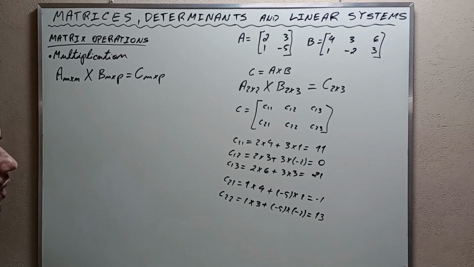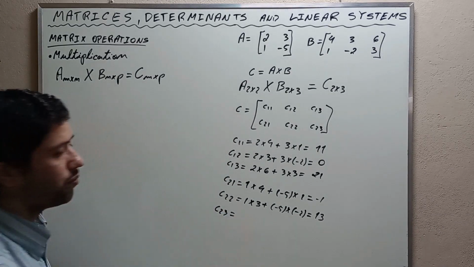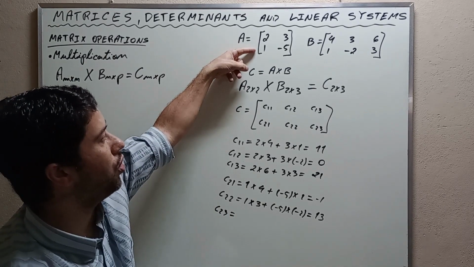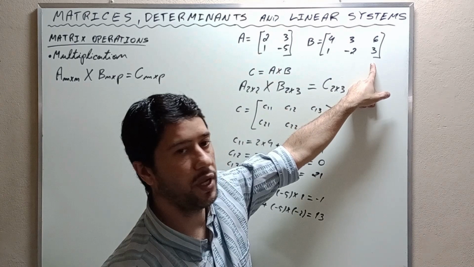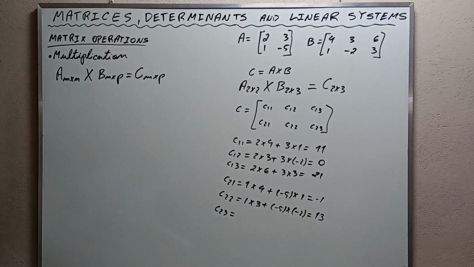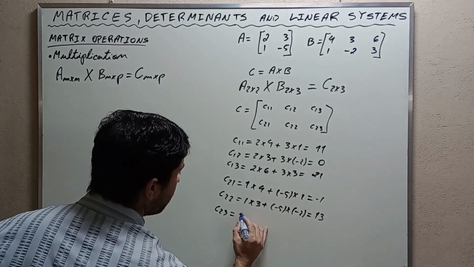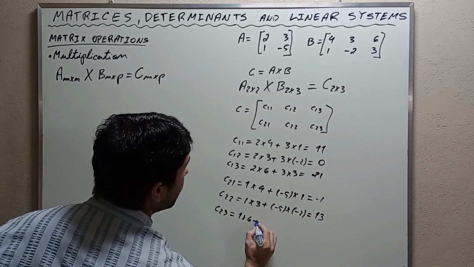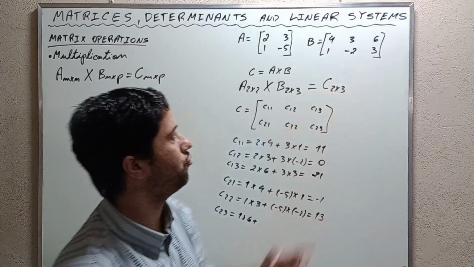Finally, entry C23 is going to be obtained from the multiplication of row 2 of the first matrix and column 3 of the second matrix. Entry C23 is going to be 1 times 6 plus negative 5 times 3.